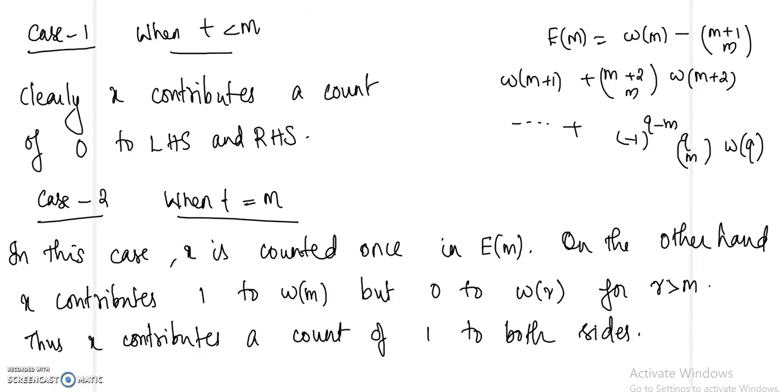And now let us look at the case where t is greater than m. So case 3 is when t is greater than m. So when t is greater than m, x will possess more than m number of properties. So in E of m, x will not be counted.